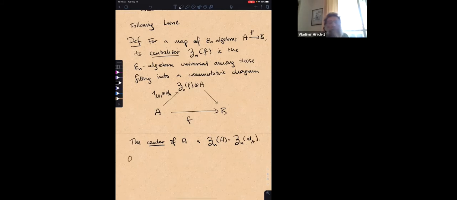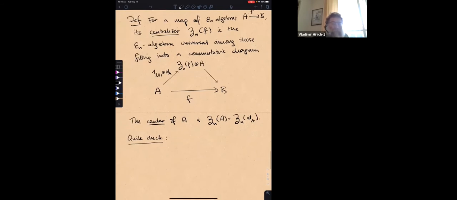Okay, so I'm just going to give a plausibility check. This definition is reasonable. So I'll leave it all there. Let's suppose that n was 1, so we're just doing E1 algebras, and I'm just going to take my category to be plain vector spaces. So I'm really just thinking about ordinary associative algebras where we have a good feel for the center.